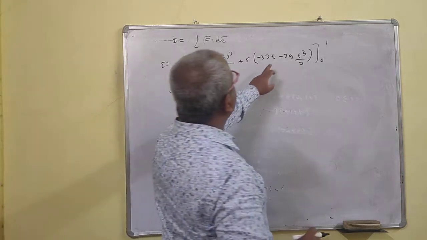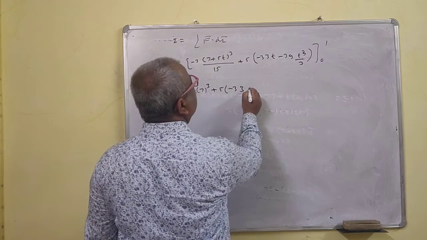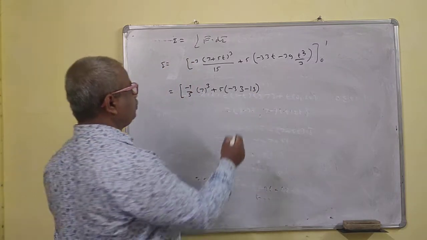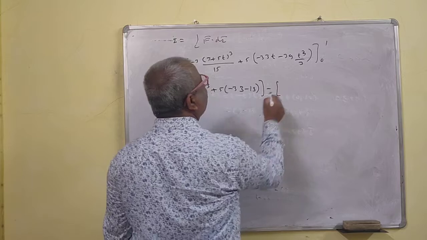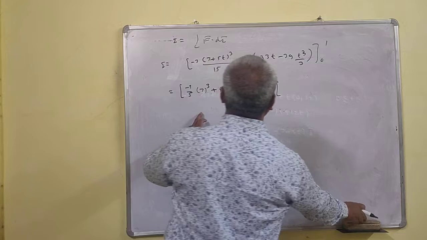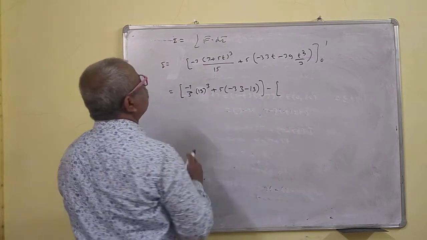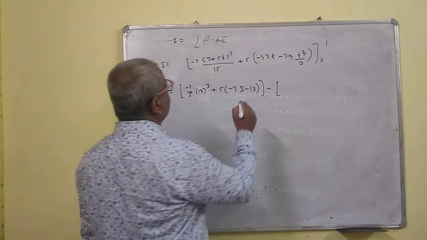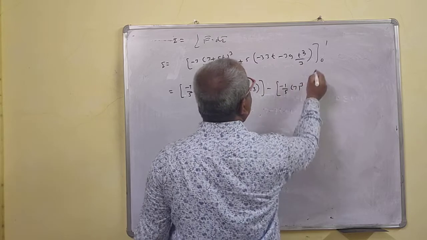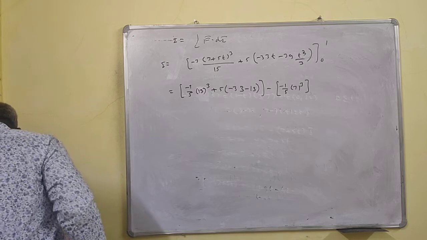If you put t equal to 1 here, plus 5 times (minus 33 minus 13) now. Minus 13. If you put t equal to 1, then this is 13. Now we'll put t equal to 0. So this is minus 1 by 5, 7 raised to 3, and everywhere t is there. So this will be your answer now.